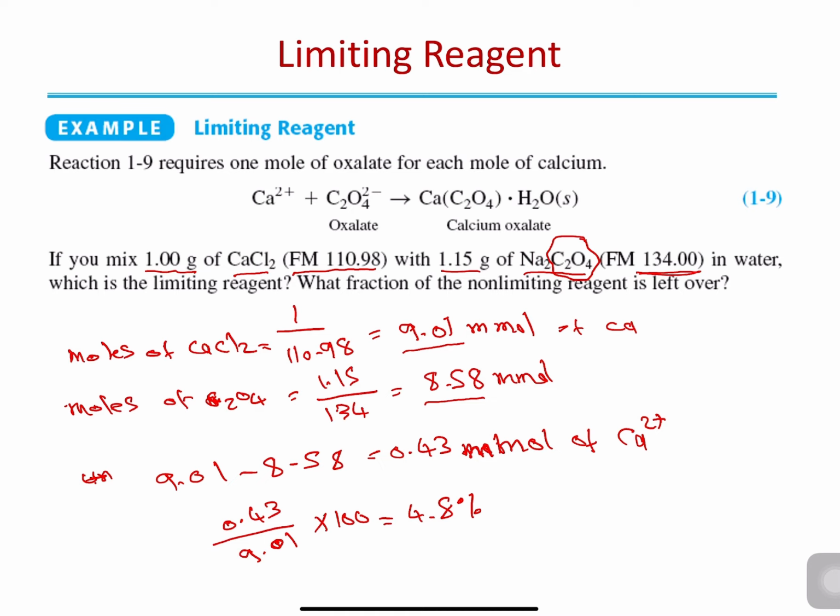We didn't only ask you which one is the limiting reagent, but what is the fraction of the non-limiting reagent that was left over. So this simple division at the end will get you to the answer required. If you forget something like that, you definitely are losing marks. So you always have to pay attention to what kind of question we are asking you, what kind of information we want you to give us.